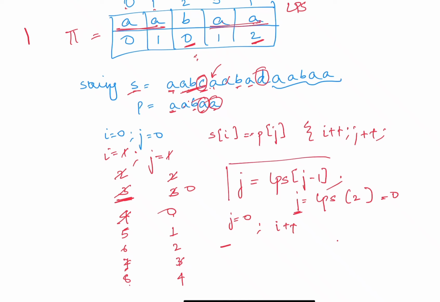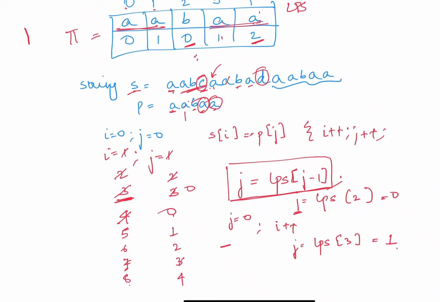So how we are going to update j is with the help of this condition: j equals LPS of j minus 1. So j is 4, j minus 1 is 3, so j equals LPS of 3, that is equal to 1. So now our new j is 1.